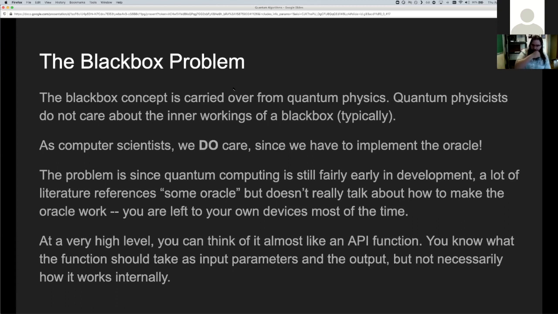At a very high level, you can think of it like an API function: you make an API call and don't know how any of it works, but you know your input parameters and the outputs you expect, without knowing how they've implemented it. It's similar to that at a very conceptual level, though I don't want to get too detailed because I don't want to get myself in trouble.